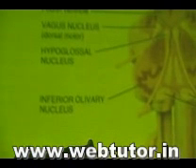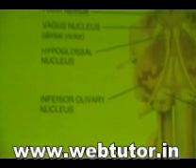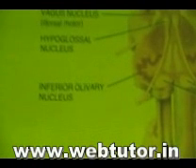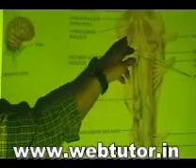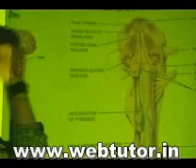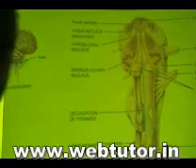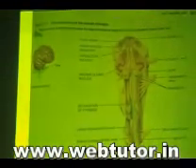Lateral to the pyramids, there are oval structures called the olive, and inside it there is the inferior olivary nucleus. Signals coming from your proprioceptors through your spinal cord, through your medulla oblongata, through this nucleus, go inside the cerebellum.